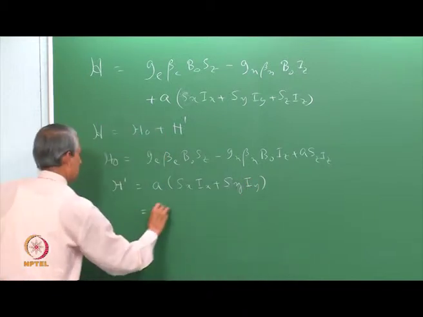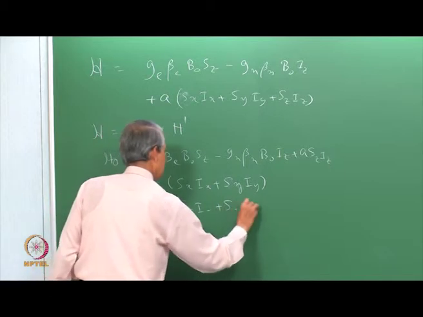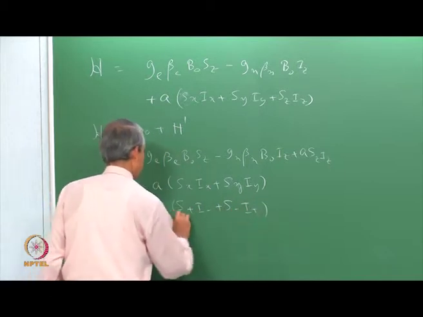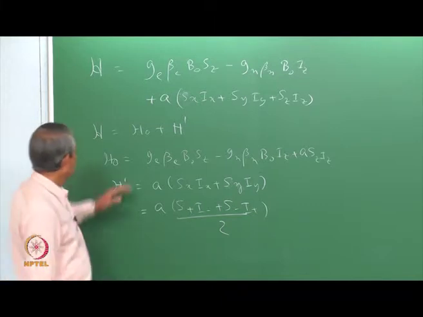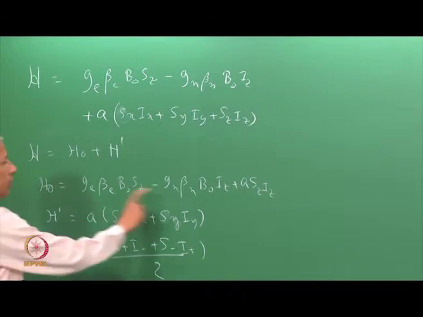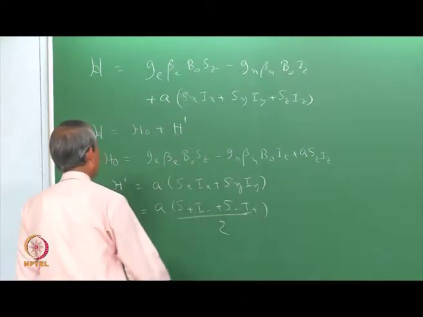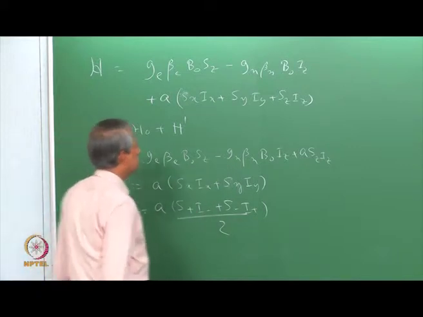This can also be written as S plus I minus plus S minus I plus by 2. Okay. So, this is the main Hamiltonian, this is the perturbation Hamiltonian. We can now try to find out the eigenstates of this and corresponding energies.